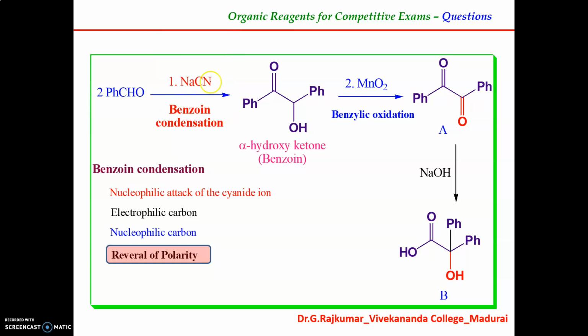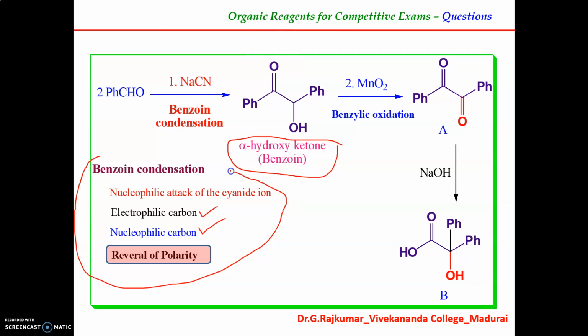Look at this. In the first step, benzaldehyde in the presence of sodium cyanide, a benzoin condensation takes place. You get an alpha hydroxy ketone as the product. Benzoin condensation is a nucleophilic attack of cyanide ion. Here you can see there is a reversal of polarity. The electrophilic carbon forms a nucleophilic carbon, and this is the speciality of benzoin condensation.